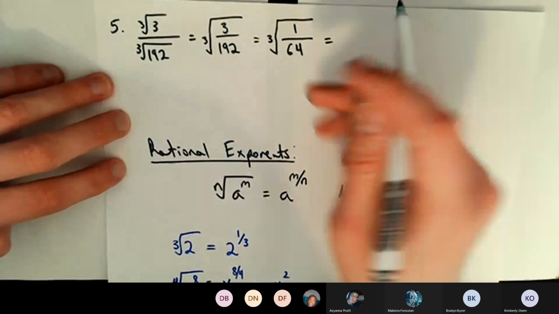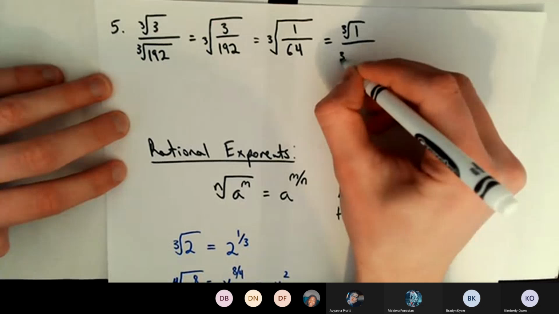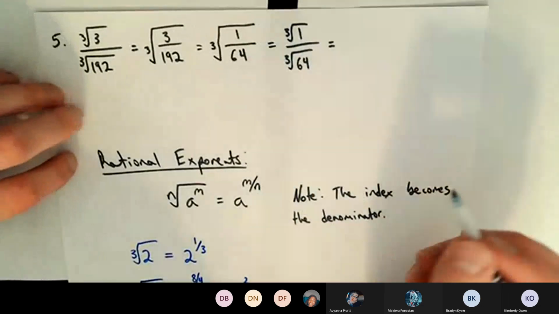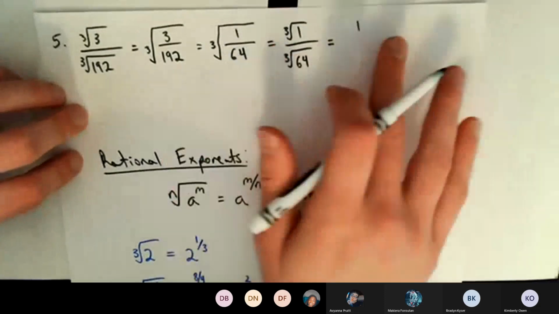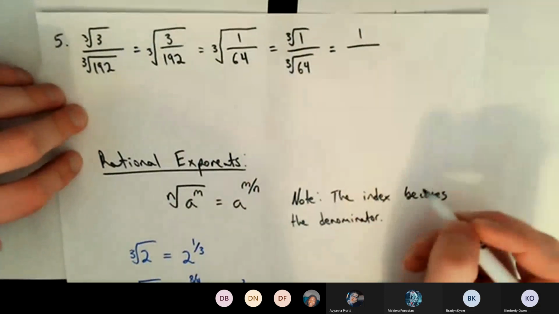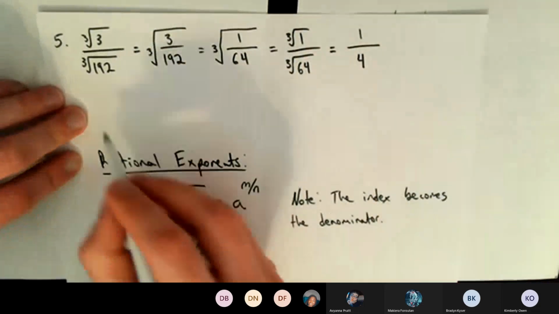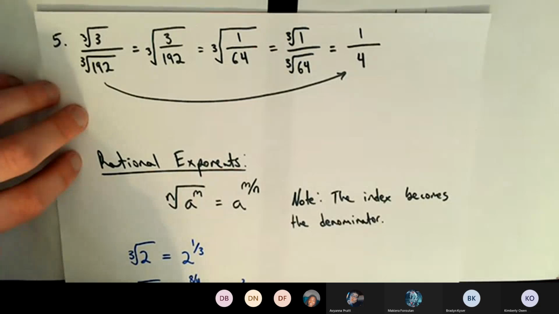Okay, now I can split it back apart, cube root of 1 over cube root of 64. But cube root of 1 is just 1. Any nth root of 1 is just going to be 1. And then what's the cube root of 64? Well, it's 4. So this is equal to that. Okay.